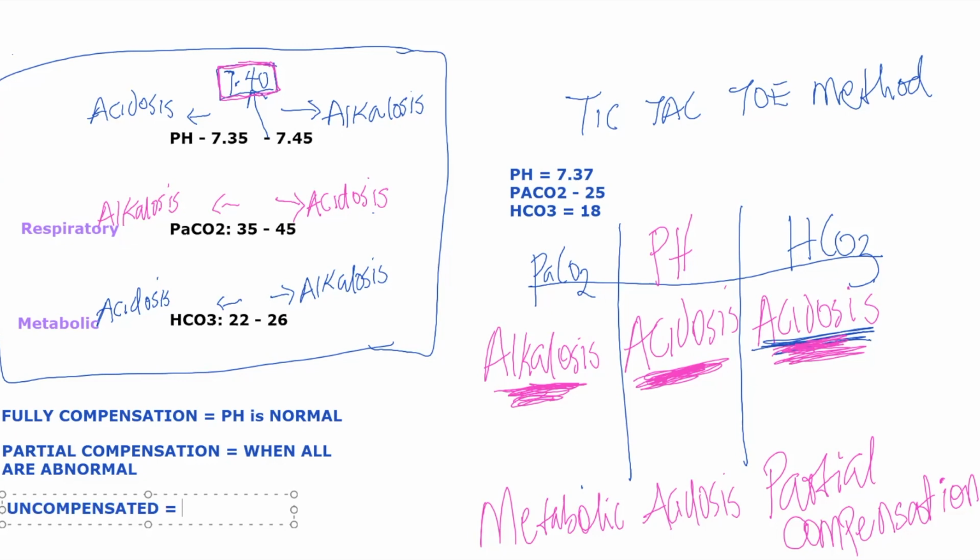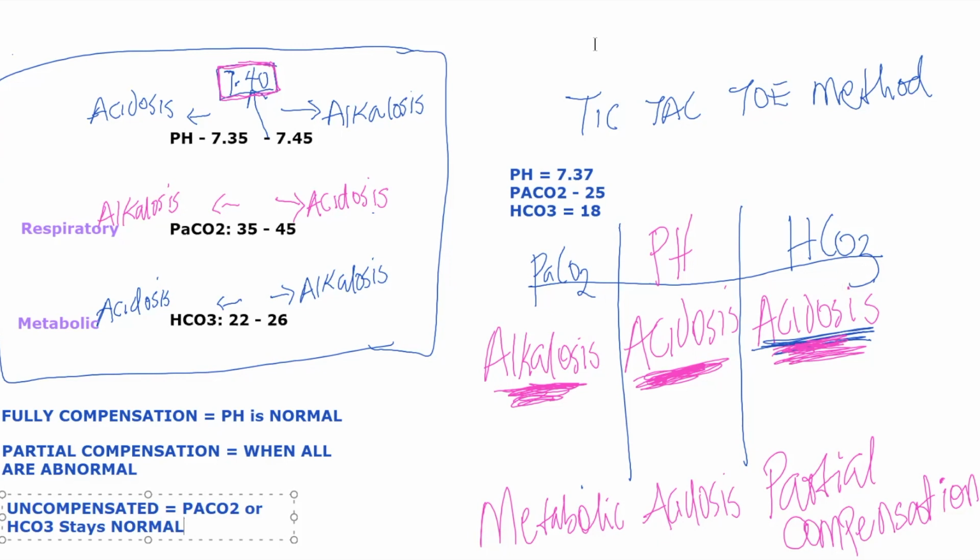And that happens when either my PaCO2 or HCO3 stays normal. Whenever I have PaCO2 or HCO3 stay normal, they are not trying to help the situation. And of course, my pH most likely is abnormal. We say we have an uncompensated situation.